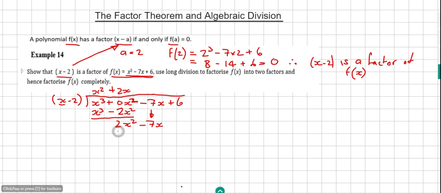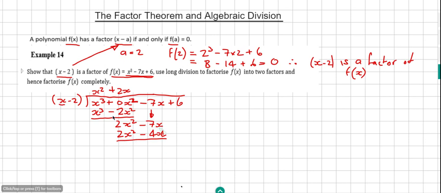And so we will get 2x squared. Then we've also got to multiply the minus 2 by the 2x, and we get minus 4x. So then we subtract that again. If we've done it correctly, the 2x squareds both cancel each other out.